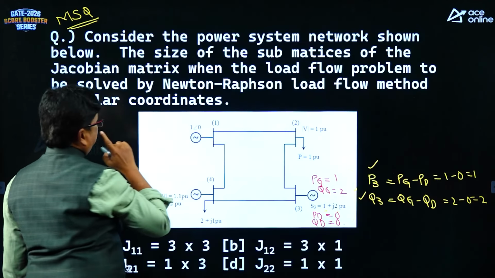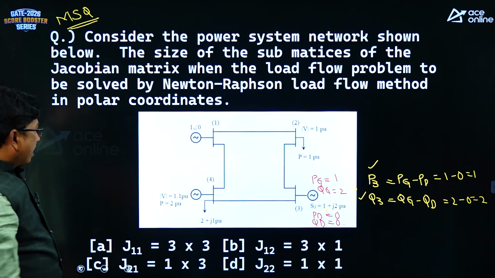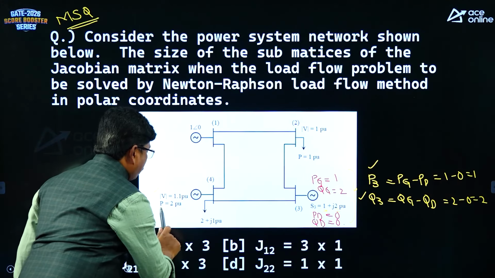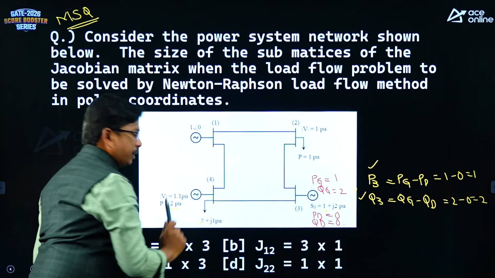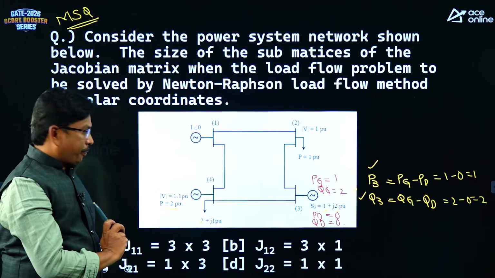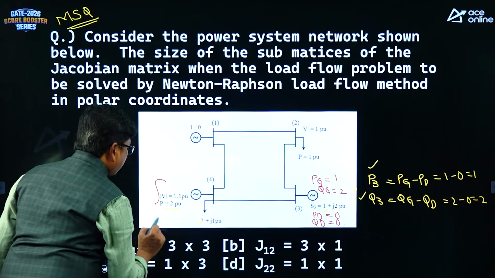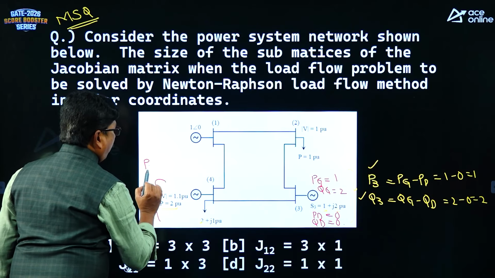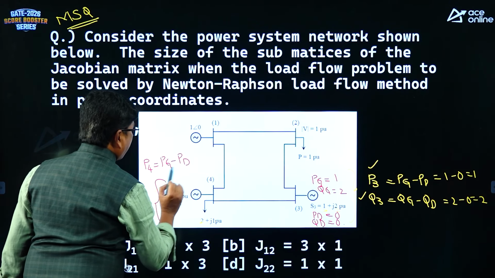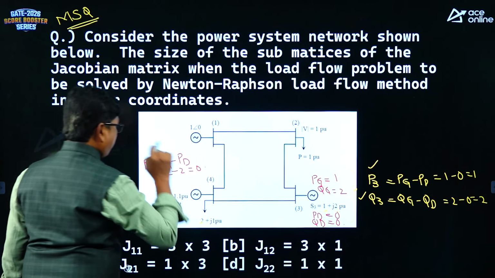At bus 4, see clearly, voltage magnitude is known. Active power Pg is known, and PD is also known. Therefore, at this bus P4 is equivalent to Pg minus PD, where Pg is 2, PD is 2, which is equivalent to 0.